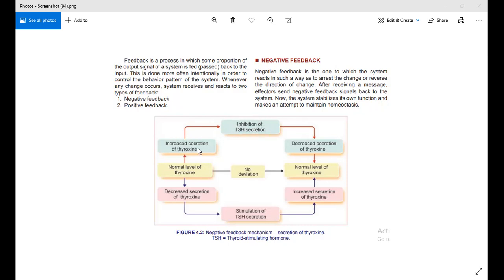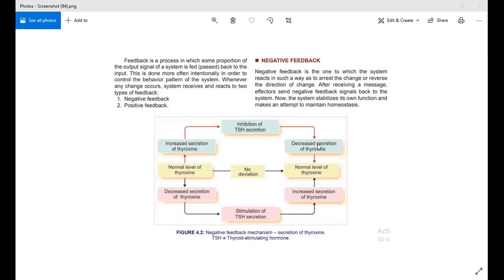Because anytime there is high thyroxine in the blood, we don't need the TSH anymore because we already have high thyroxine. Okay, so there will be inhibition of thyroid stimulating hormone. It means that my pituitary gland will stop producing thyroid stimulating hormone. Okay?